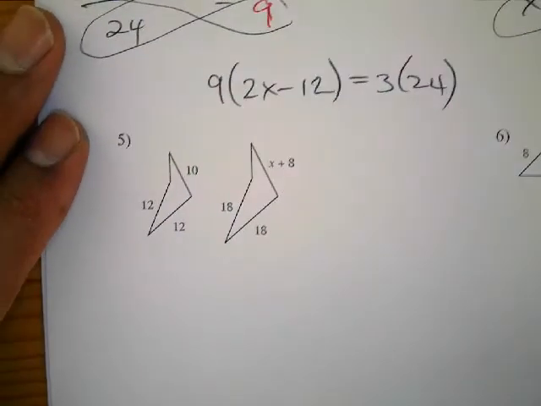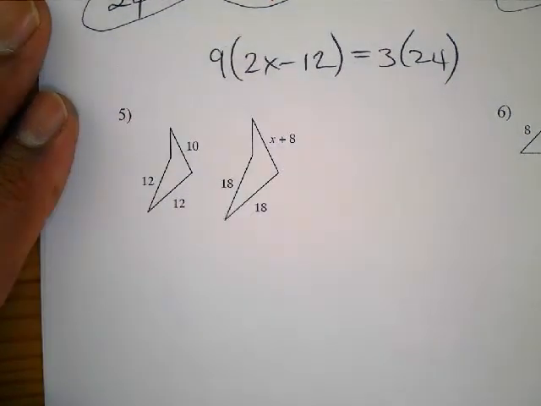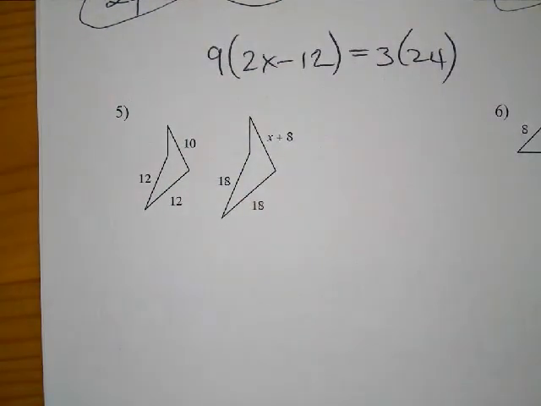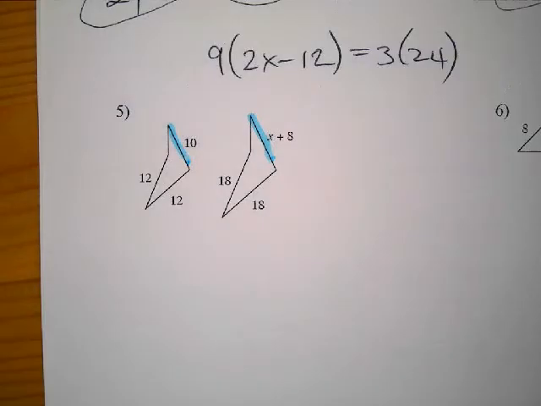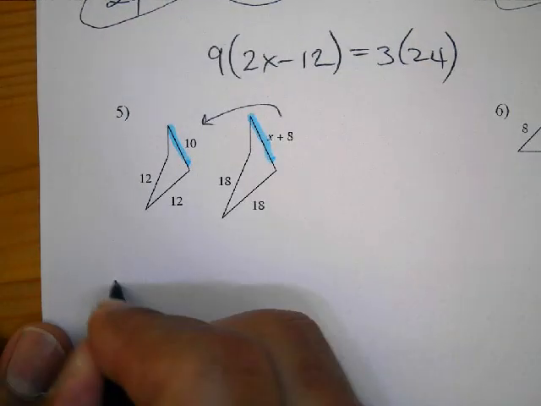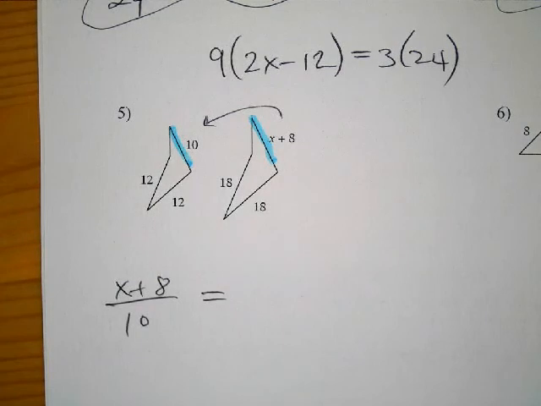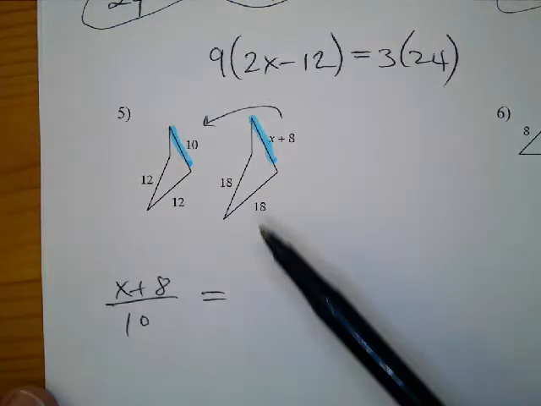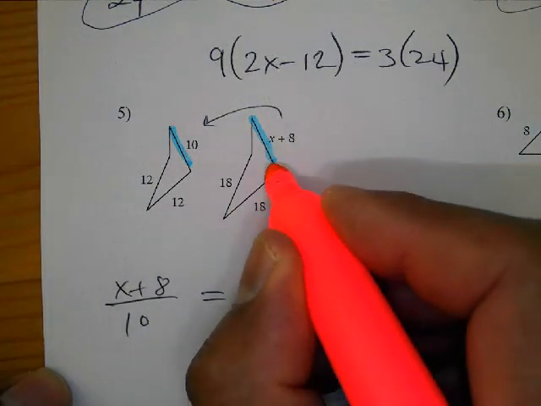Okay, last two real fast. And see, it doesn't matter the shape. Here's number 5. You just got to focus on the sides that correspond and set up the proportion. So here I'll go back this way. x plus 8 over 10 is equal to, and now you got to pick another two sides that are corresponding.